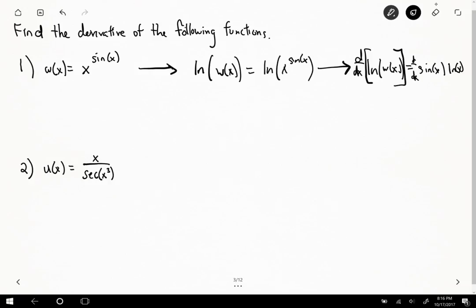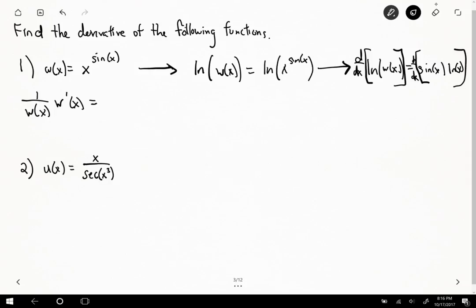So we'll move that d dx there. That means we're going to take the derivative of this. So on the right hand side it's going to be product rule. In implicit differentiation, you got to think about what happens on the left hand side. Since we have natural log of w of x, that becomes 1 over w of x times the derivative of w of x, which is w prime of x. And that's what we're looking for. Remember, we're looking for w prime, so we'll deal with that in a minute.